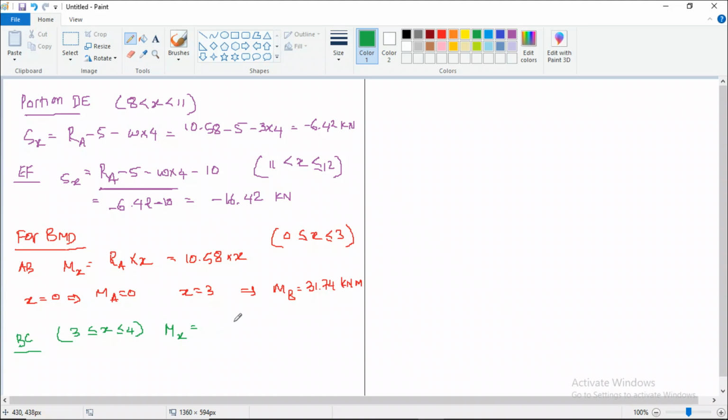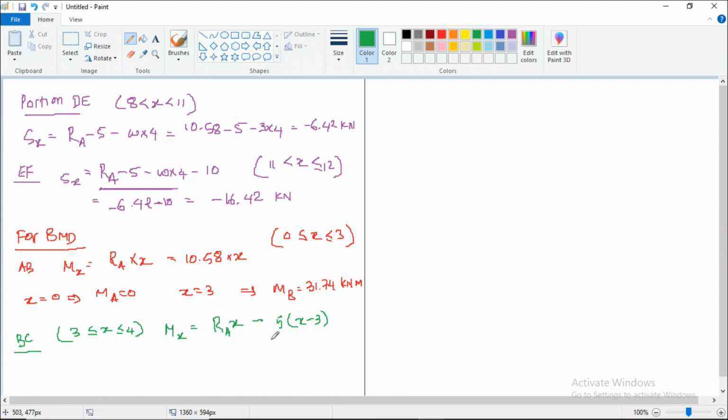So here you have first the reaction value, that is Ra multiplied by the distance x. Then we need to take the moment of the 5 kilonewton force, which is anti-clockwise, so minus 5 into (x minus 3), because we have taken a section XX in the portion BC.